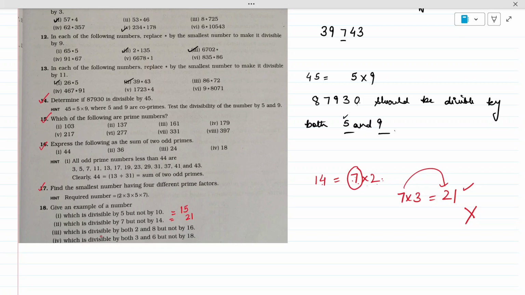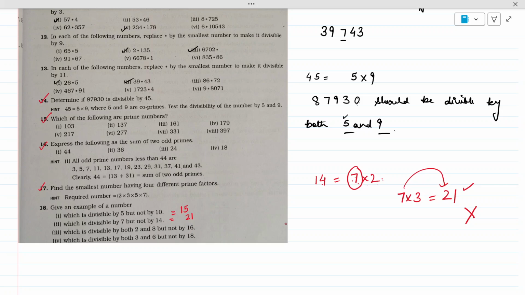Next is which is divisible by both 2 and 8 but not by 16. So now what we have to do is find a number which is divisible by 2. So kids, any even number will be divisible by 2 first of all, and then we have to see that it is divisible by 8 also. So the number should be divisible by both 2 and 8 but not by 16.